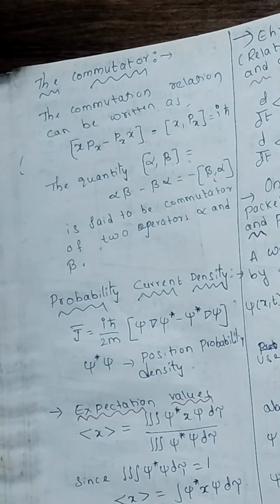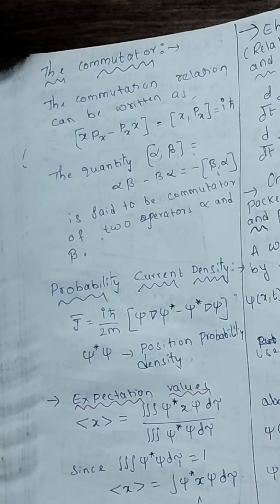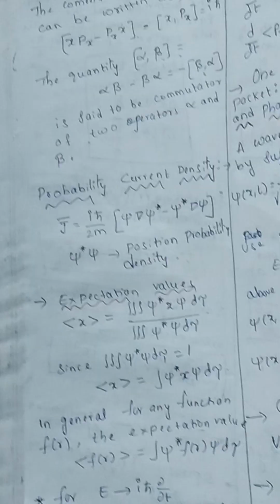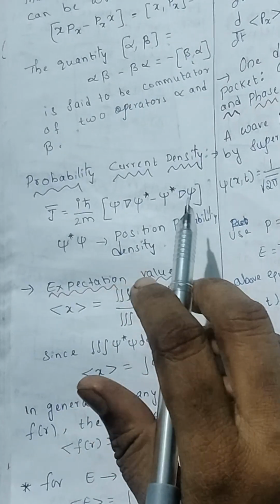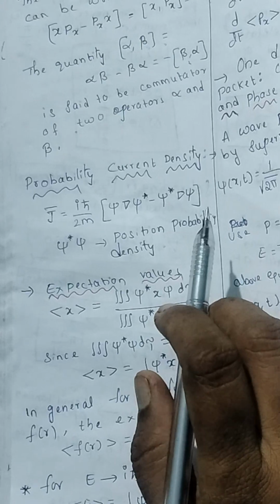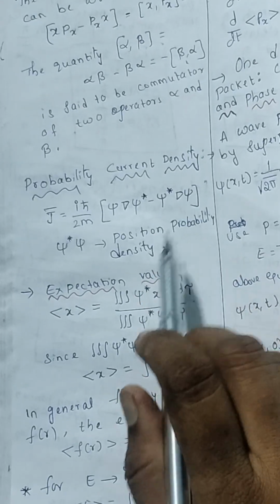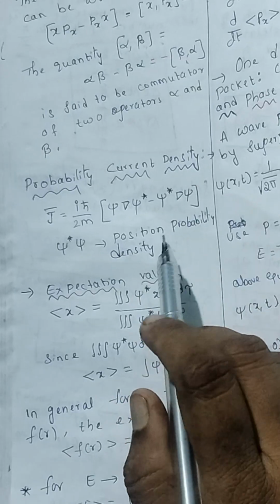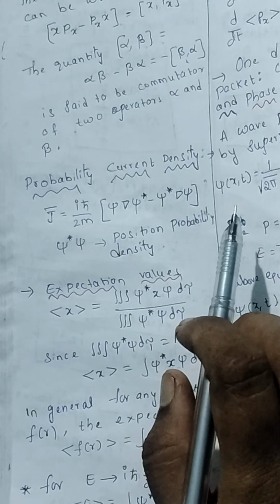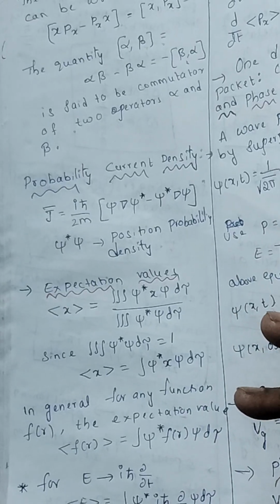Now next, the probability current density. It describes the flow of probability. Here, in quantum mechanics, the probability of finding a particle in a certain region of space can change over time. So probability current density quantifies this flow, right?